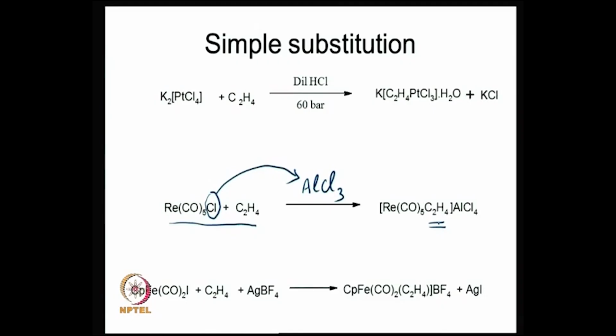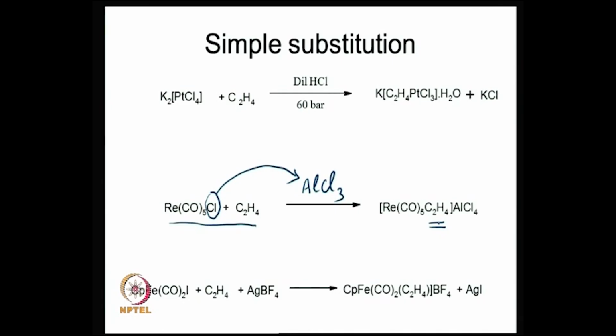Another example is the generation of a vacant coordination site in the complex by using a silver salt. By using the principle that the silver 1 ion is halophilic, it will tend to react very readily with any halide ion in the coordination sphere of a metal.